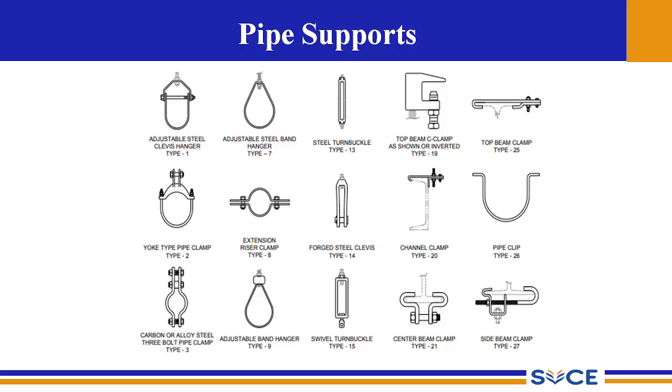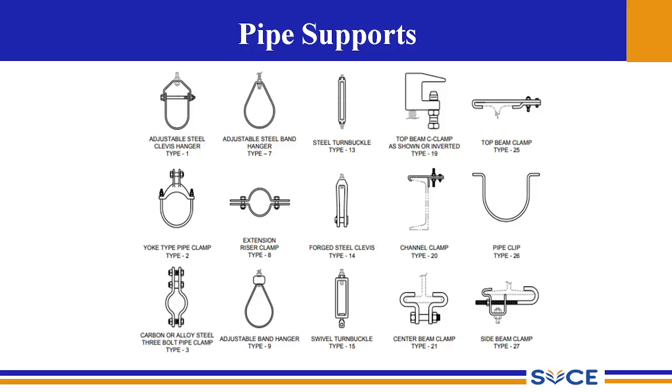This is an attachment for the suspension of vertical stationary lines without the use of any other hanger rods. The transfer of the piping load is accomplished by resting the ears of the clamp on a bearing surface. So the extension pipe or riser clamp will be used to support vertical stationary lines.